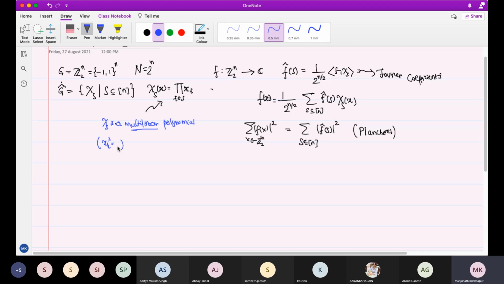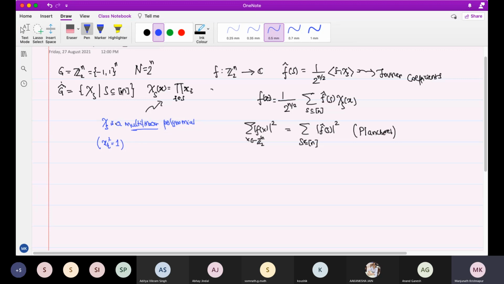Therefore, you can leave it out. You're right, x_i squared is 1. So x_i cubed is the same as x_i, x_i to the power 4 is 1, etc. So any higher power can be replaced by either 1, in which case it doesn't depend on x_i, or x_i itself. So all polynomials of relevance will be multilinear polynomials.